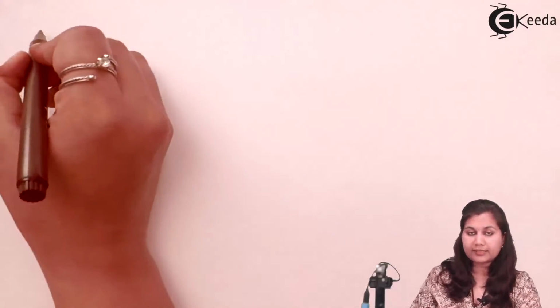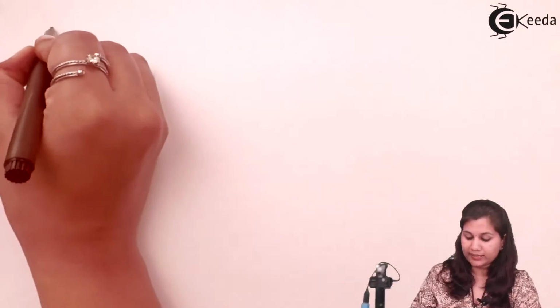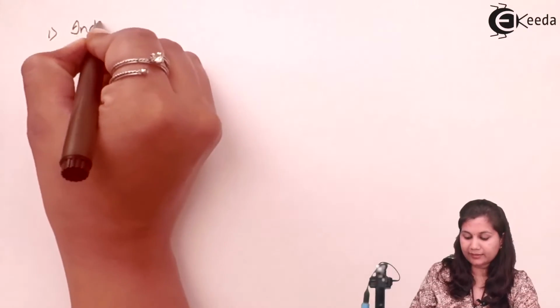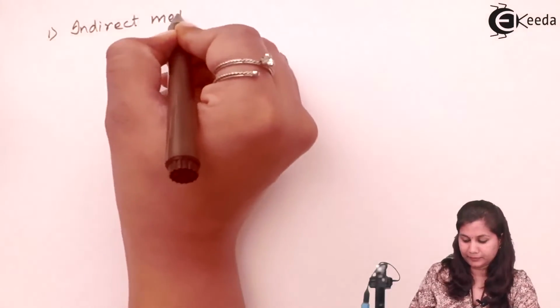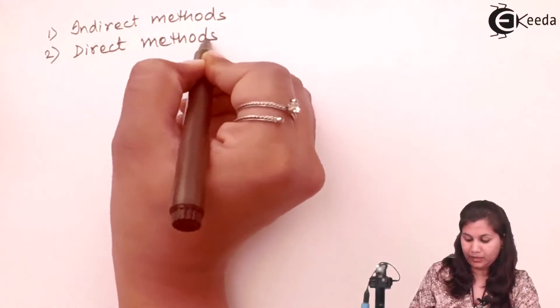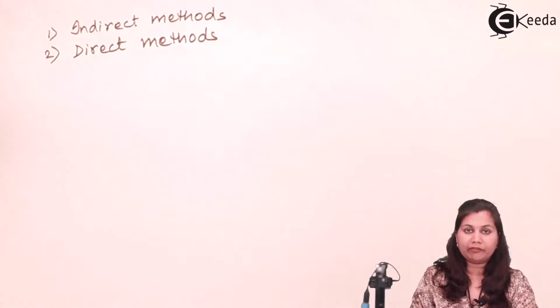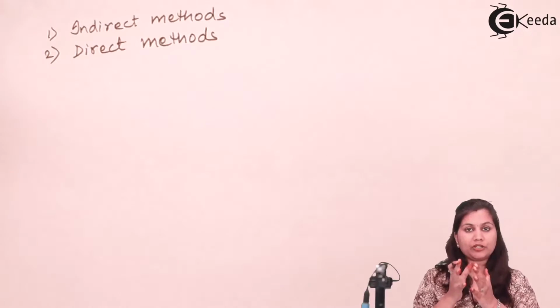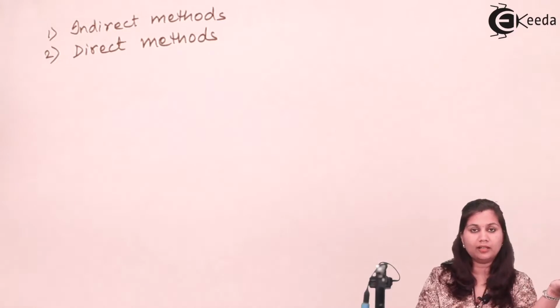Now this measurement of the level is done by two methods. One is the indirect method, another is the direct method. In the indirect methods of level measurement, the level is not measured directly. It is converted into some other measured signal, and that signal is measured with the help of some transducer. So level is measured by measuring some other physical quantity.